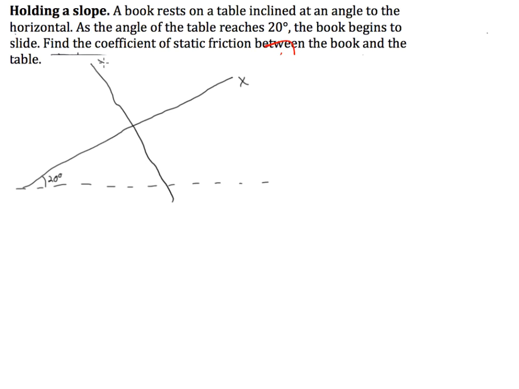Make things easy. So this dot will represent the book. And we know we're going to have a weight force. It's going to be acting straight down towards the center of the earth. And we're going to have a normal force, which is going to be perpendicular to the table. And we are going to have a static friction force, which is going to be acting this way.